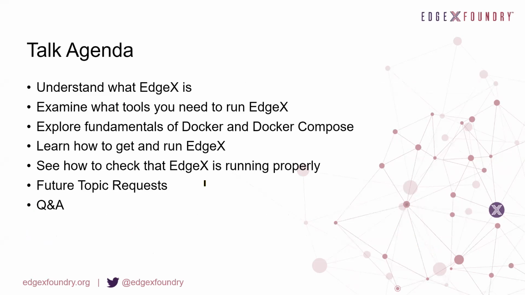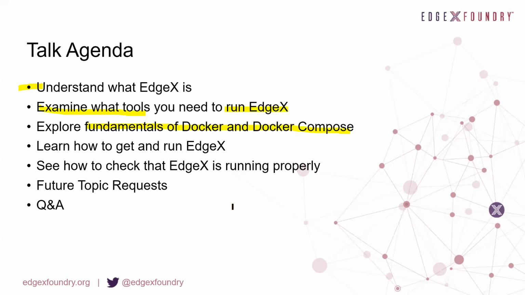So our agenda today is going to be to, first of all, understand what EdgeX is. Why does it exist? Try and examine some of the tools that we are using to run EdgeX, not necessarily develop EdgeX. Development will be a topic for later agendas. We're going to focus in on the fundamentals of two tools in particular, Docker and Docker Compose, that we're using to orchestrate and deploy EdgeX.